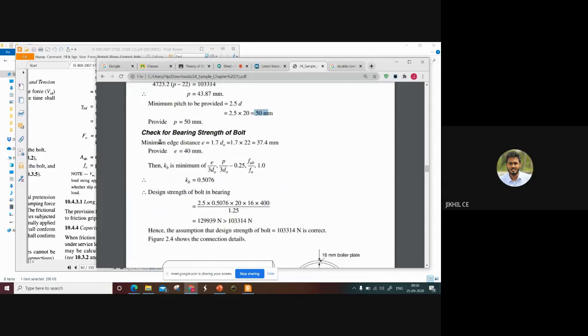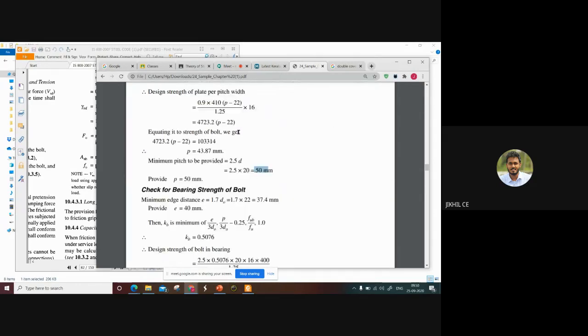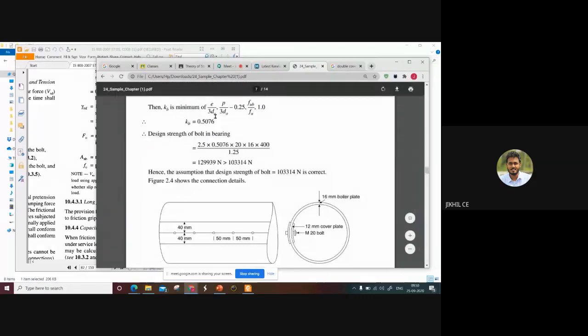They also checked the bearing strength of the bolt, but they already told here it will always be higher than the shear strength. Just a calculation. At end distance 1.7D, assuming machine cut, 1.7D0 is 37.4, we provided 40. Kb is the minimum of all the values. We know how to find the value.